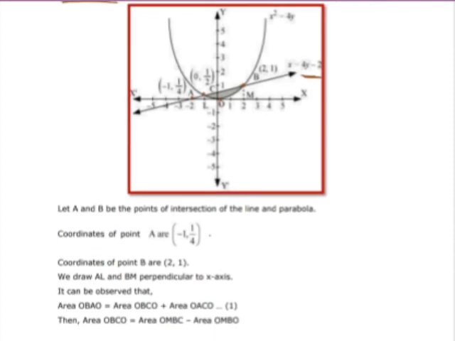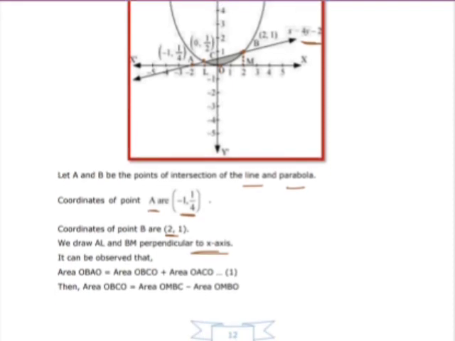So let A and B be the points of intersection of the line and the parabola. The coordinates of point A are minus 1 comma 1 by 4 and the coordinates of B are 2 comma 1. So we draw AL and BM perpendicular to the x-axis. See this AL and BM, these dotted lines, they are perpendicular to the x-axis.